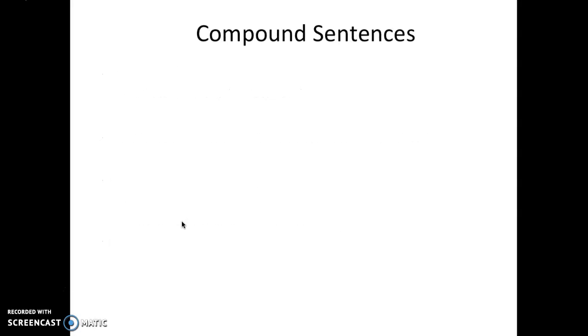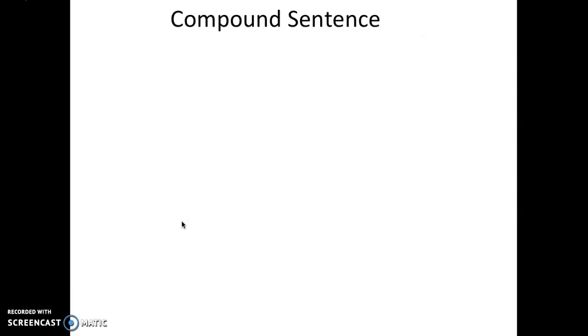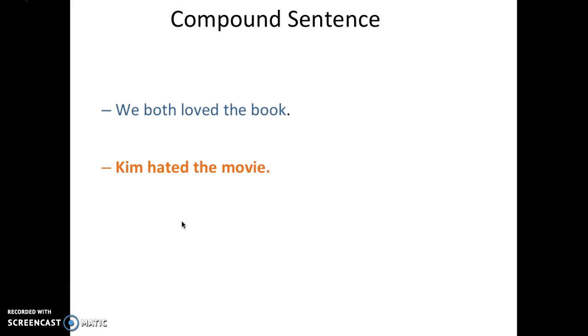Okay. Now, in English, there are what is called compound sentences. A compound sentence is when two independent clauses or more are put together. Okay? So for example, you have this here, we both loved the book. Kim hated the movie. These are independent. This is an independent clause. Okay, why?